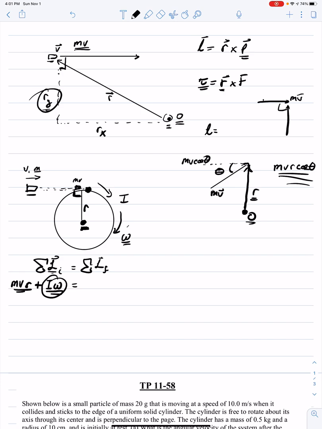The final angular momentum can be rewritten as the moment of inertia of the bullet plus the moment of inertia of the spherical shell, I'm going to abbreviate it as S, times the final angular velocity. So, let me rewrite this as initial. Now it is treated the same way as when you were doing the conservation of linear momentum, but now you're summing up the rotational inertia for both.